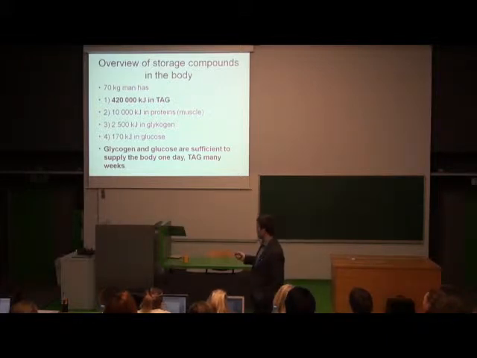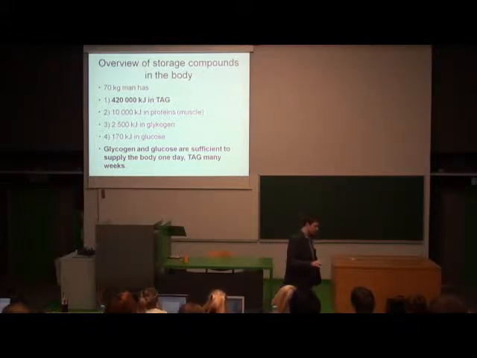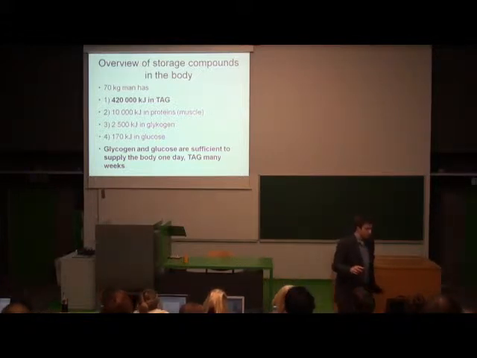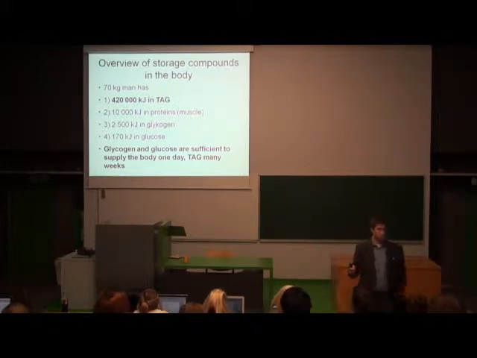It means that with these two energy sources, you can live only 1 day. How many kilojoules we need per day? How many? 8 to 10,000. Yes, normally 8,000 kilojoules, it means 2,000 kilocalories. Yes?